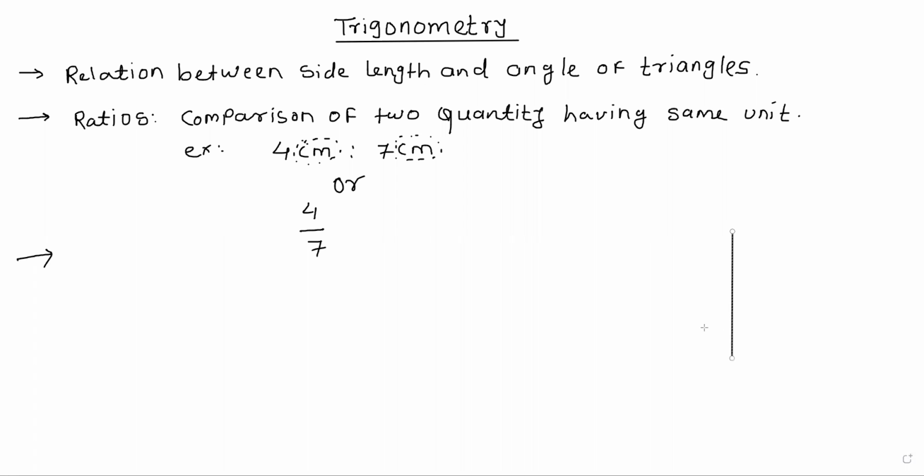This is one side of the triangle, this is another side, and this is the third. Basically, we have drawn a right angle triangle.